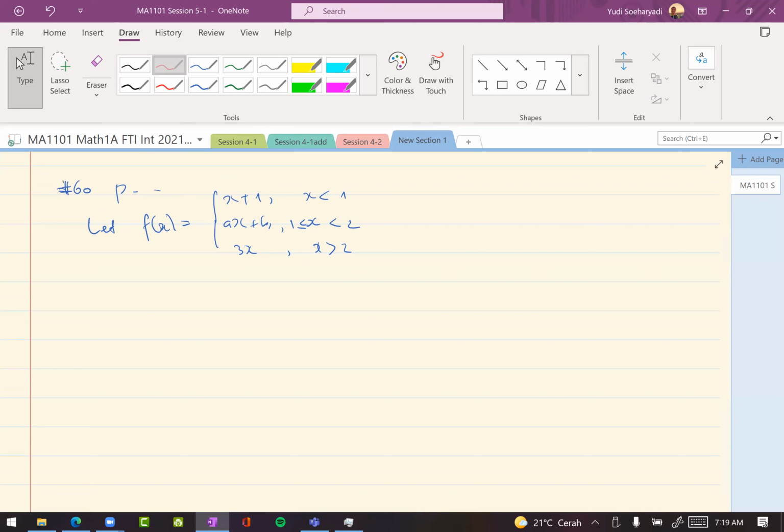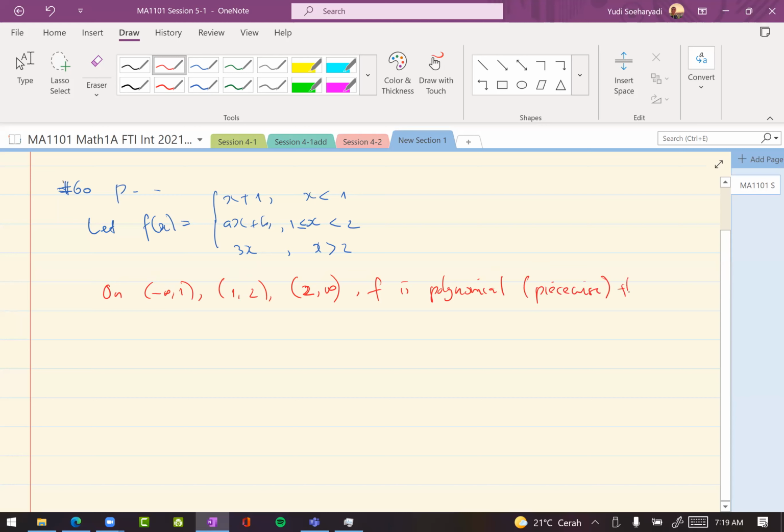Now what we say is that on the intervals to the left of 1, between 1 and 2, and to the right of 2, f is piecewise polynomial, therefore continuous.